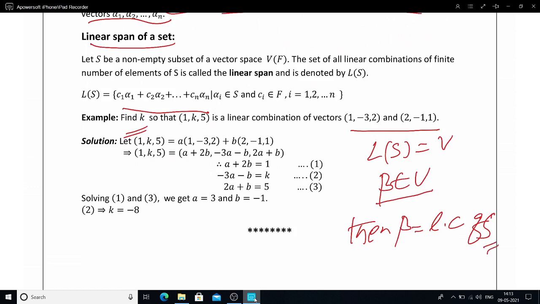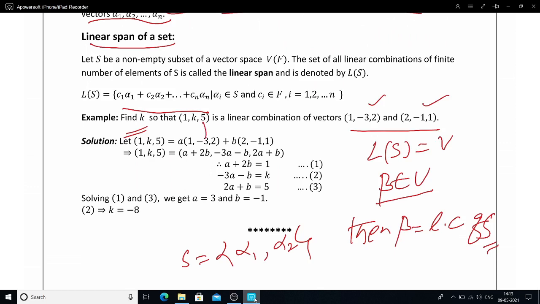Here S is a set containing two vectors, alpha 1 and alpha 2. Alpha 1 means (1, minus 3, 2). Alpha 2 means (2, minus 1, 1). Beta is what? (1, k, 5).